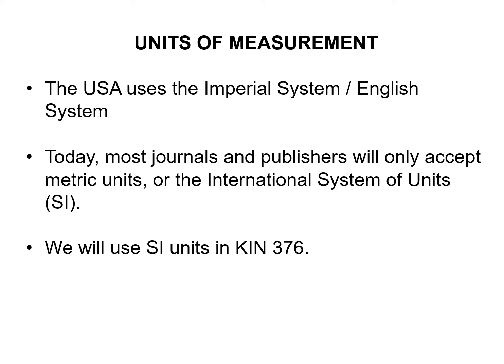But first off, biomechanics is a science. That means we use metric. The US uses the imperial system, sometimes called the English system. We are one of the few countries in the world that still uses the imperial system. I think it's us, Burma or Myanmar, and actually sometimes the UK whenever they feel like it.